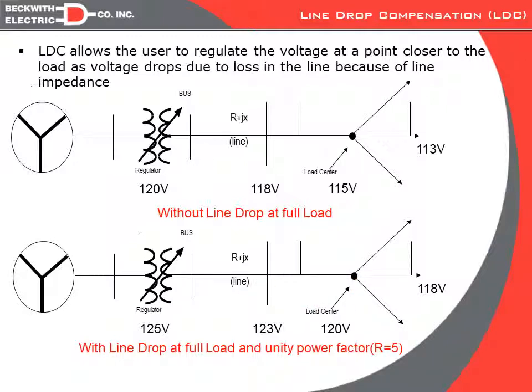Now in actuality, this impedance will be a combination of both, and therefore we will have both an R and an X. When we have a combination of both, let's say we had a setting of 4 for R and 3 for X, it will apply 4 volts to the real portion of the total current and 3 volts to the reactive portion of the current, and then it'll add those up, and that'll be the total voltage that is applied.